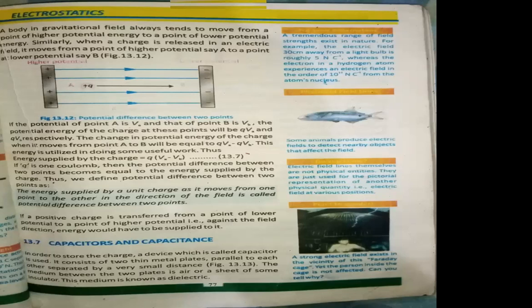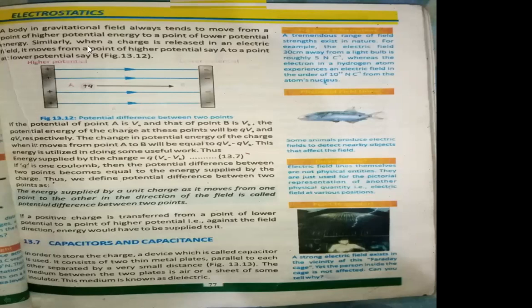But if you want to move the water from the bottom of the bridge to the upper part, then you have to do work. You have to apply force to move the water from lower potential to higher potential. But if something is at higher potential, it will go easily from higher potential to lower potential.